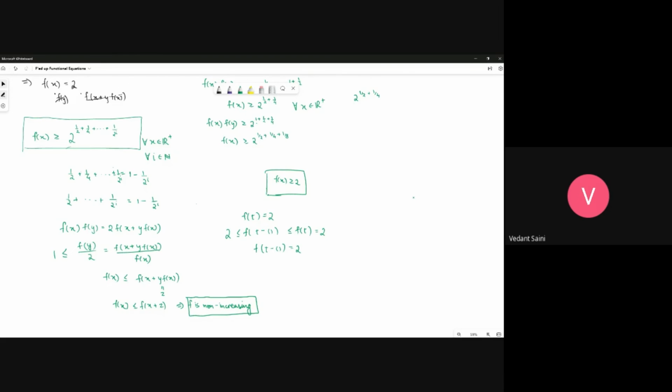Now putting x equals to t in the original equation and y, varying this from the open interval 0 till closed interval t, both of x and y are less than or equal to t, so that f's will be equal to 2.